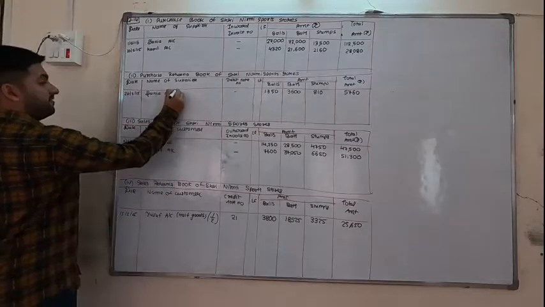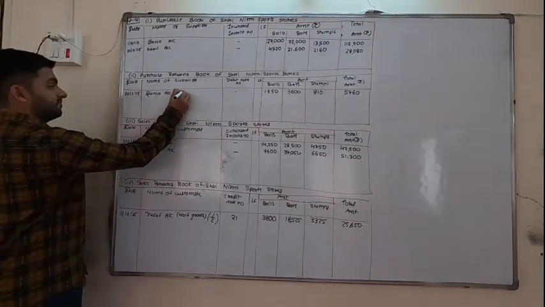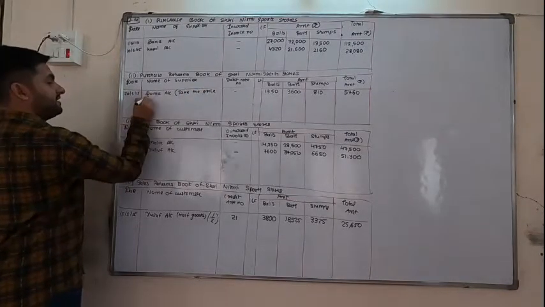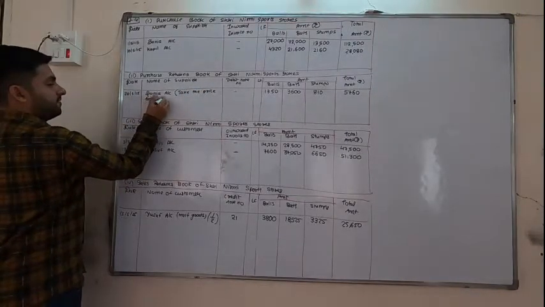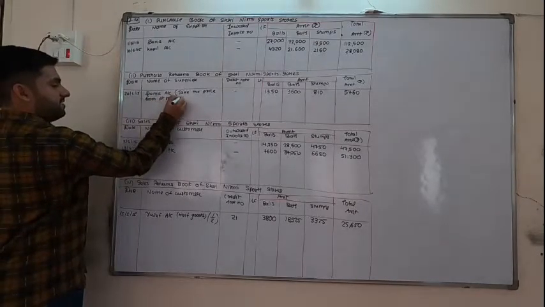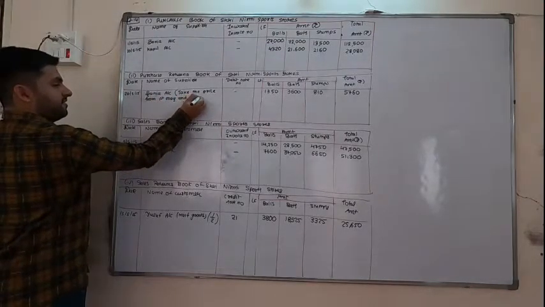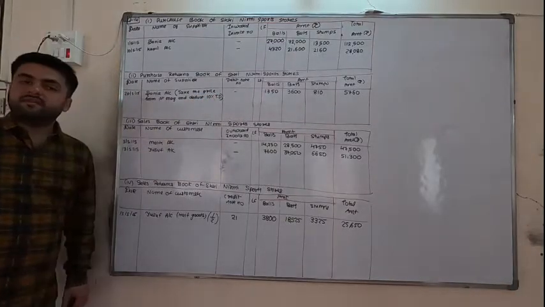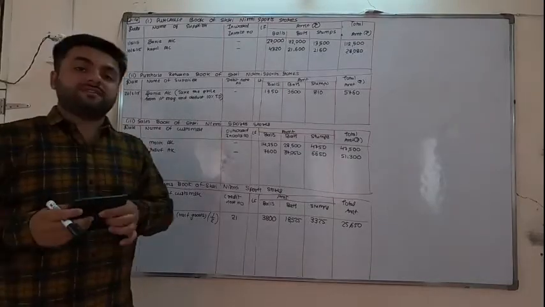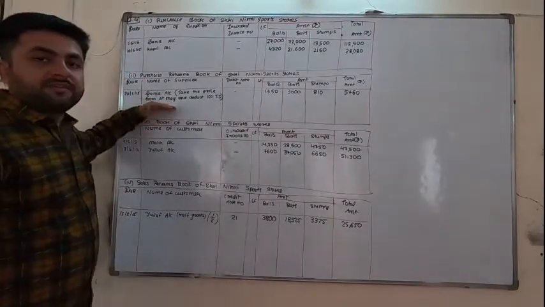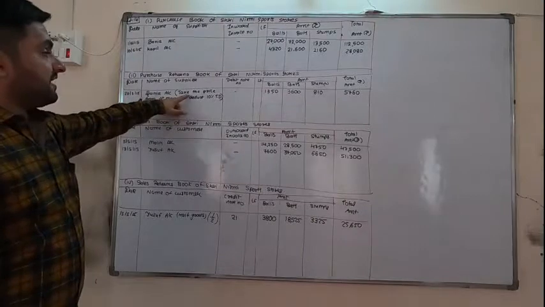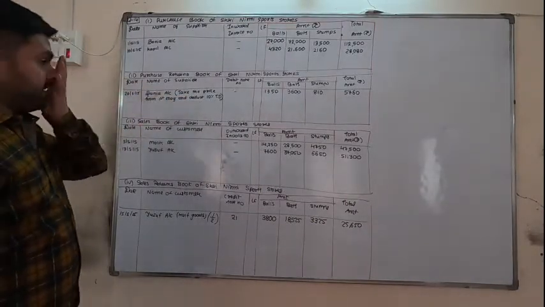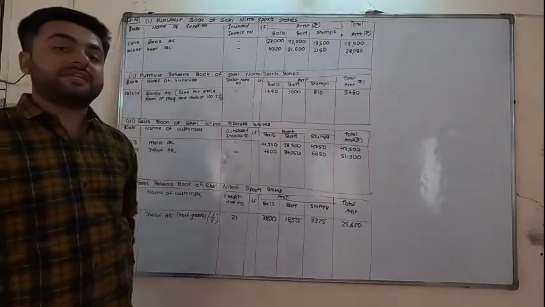So in the bracket we will write: take the price from 1st May and deduct 10% TD. Otherwise you will not understand this transaction, in which quantity is given. So take the price of the transaction of 1st May, and deduct 10% trade discount, as here also 10% trade discount is allowed.